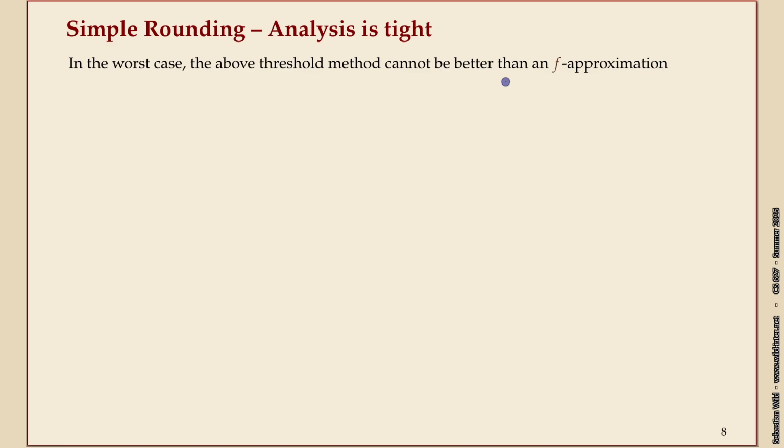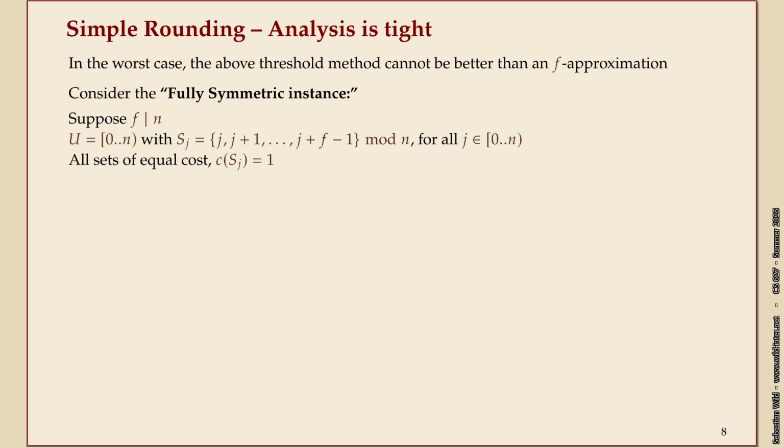Just as a quick argument, this is also in a way best possible. You can't, in the worst case, show something stronger. An insightful instance to look at, not even just for this algorithm, is the fully symmetric instance. Suppose we have some numbers f and n, where f is a divisor of n and otherwise they're arbitrary.